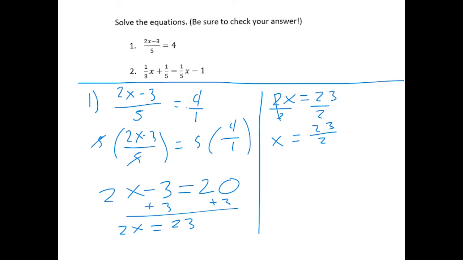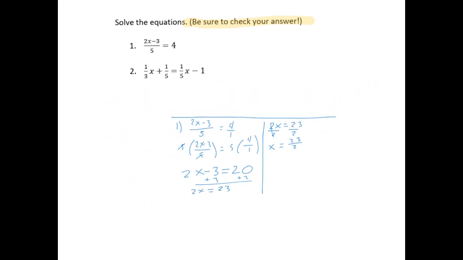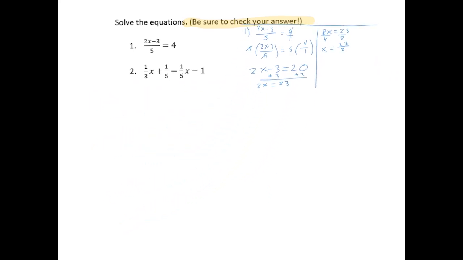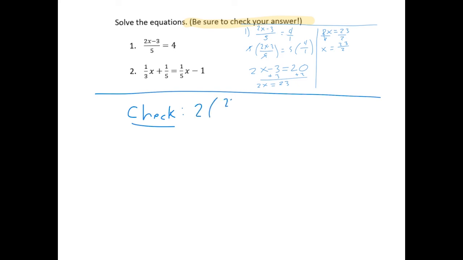Alright, so let's not stop there. Let's go ahead and check our answer. I don't have any room anymore, so I'm going to move that up there. So I'm checking that x equals 23 over 2 is a solution to the first equation. So I'm going to check by checking that 2 times 23 over 2 minus 3, all over 5, is equal to 4.